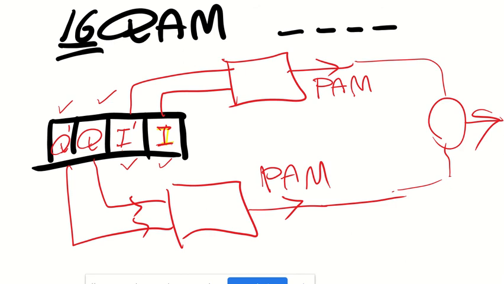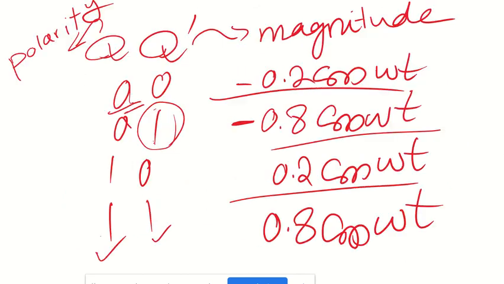Okay, now that you have an idea of how 4 bits is sent, I can draw my circuit.